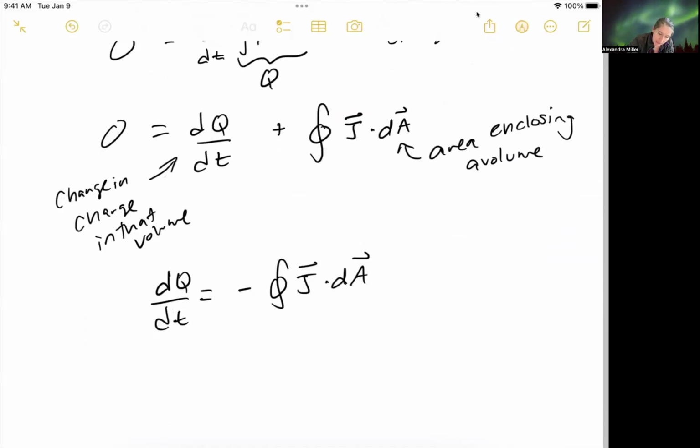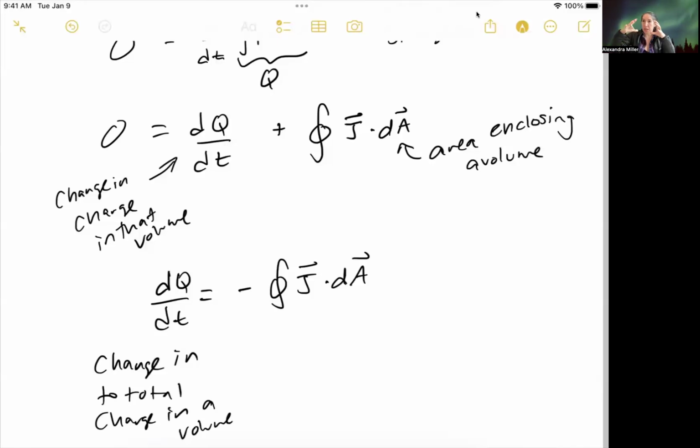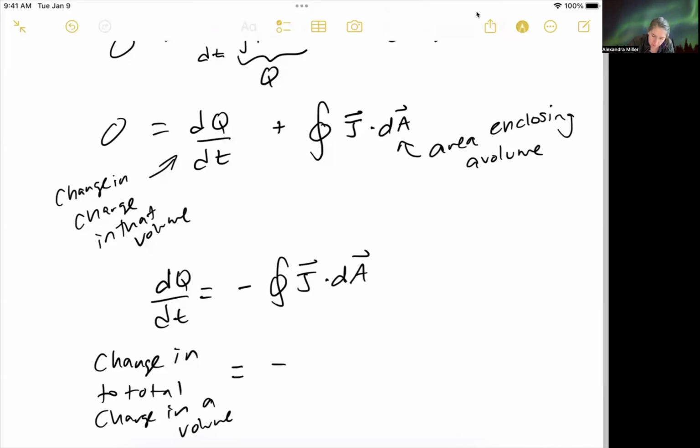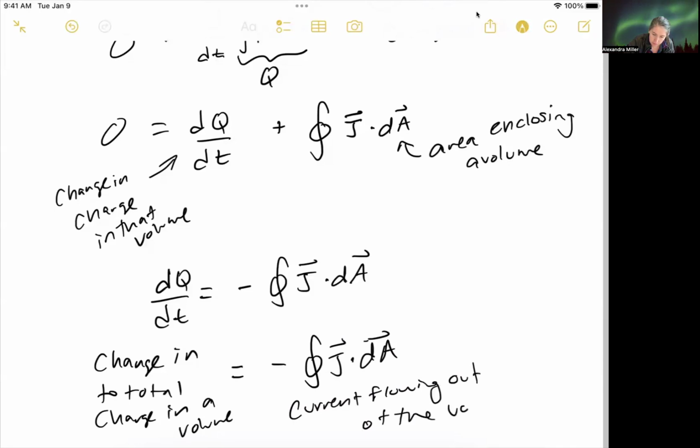So again, this is telling us that the change in total charge in a given volume, just some region, you choose what that volume is that you're considering, is equal to, this is telling us the current flowing out of the volume. And it's out, that's why we have this negative sign. So this is telling us that it's a conserved charge.